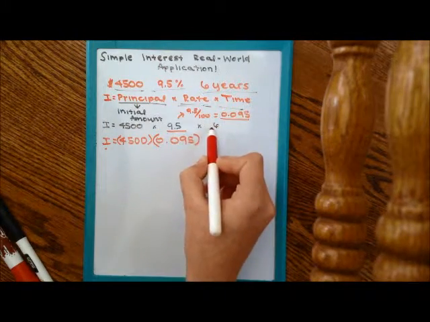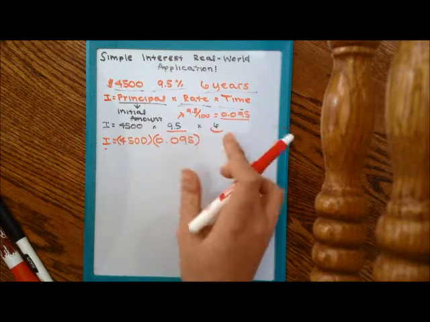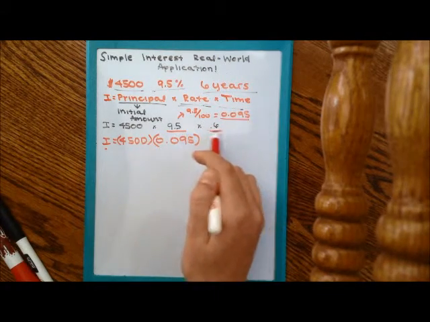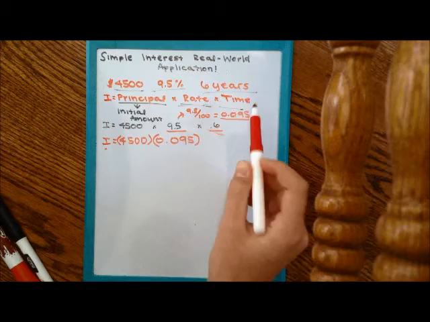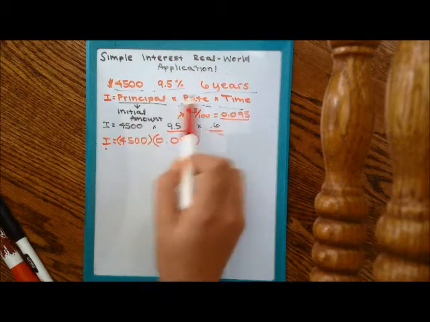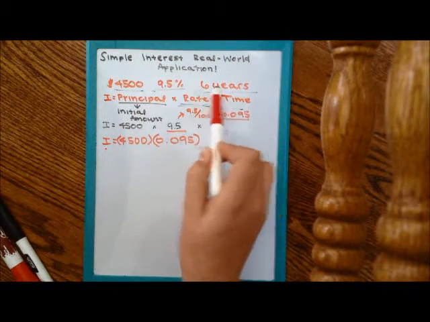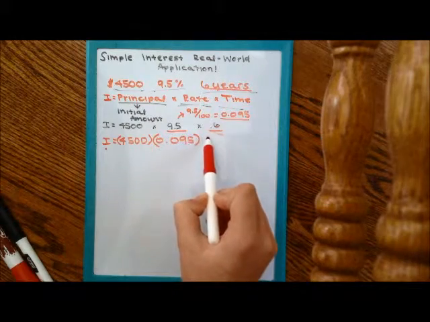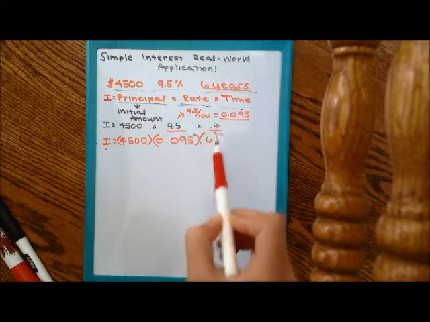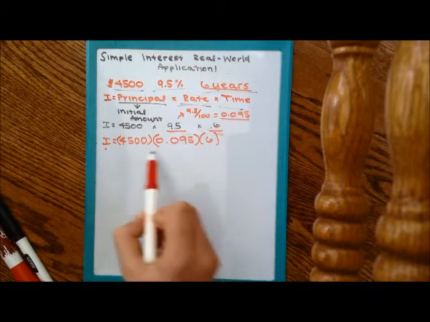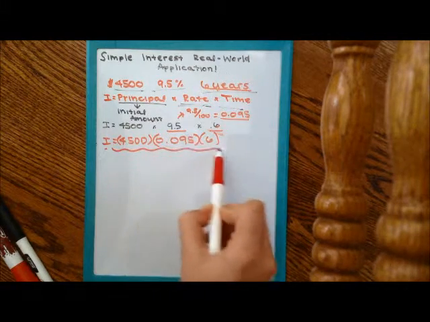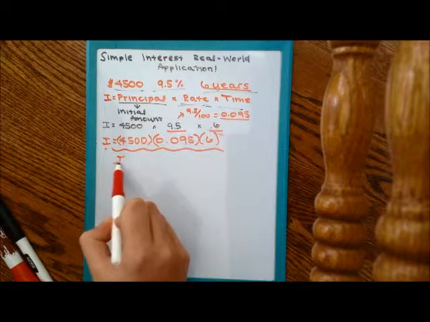Then we're multiplying that by 6, which is the time. So we have principal, rate, and then time. So our time is 6 years. Then all we need to do is multiply all of this together to find our interest.